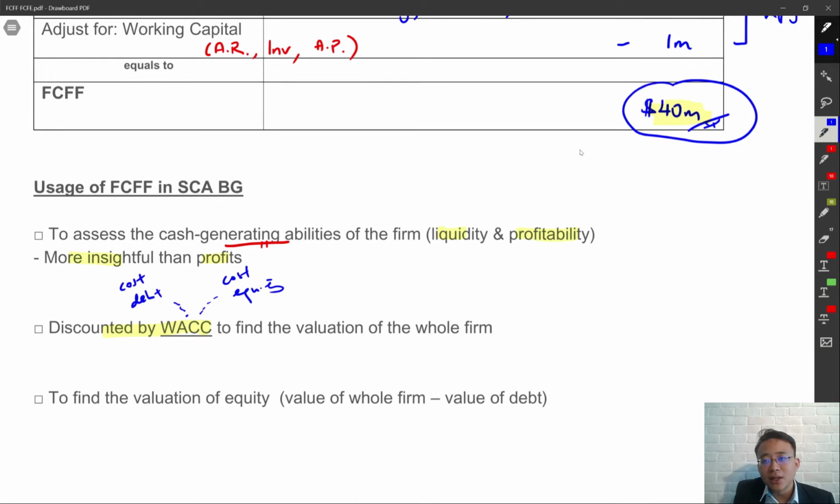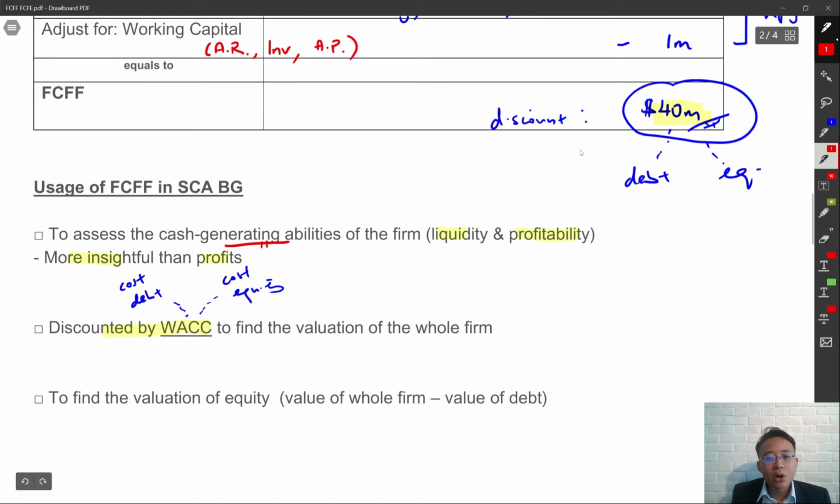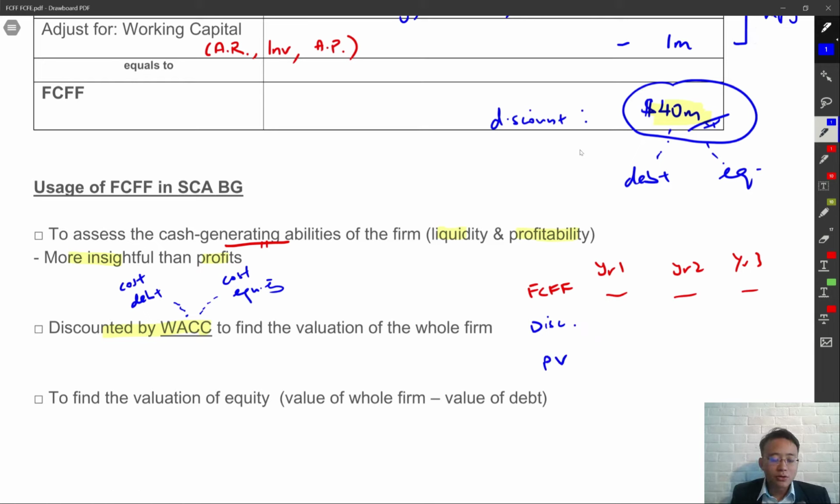So since this $40 million is to be distributed to my debt holders and my equity holders, it is only appropriate and matching that to get the present value of this cash flow, I would discount using WACC. It is common in our exams that you will get free cash flows for year 1, year 2, year 3. So you get these amounts and you would then have to discount so as to get your present value. Remember, we would discount using WACC.